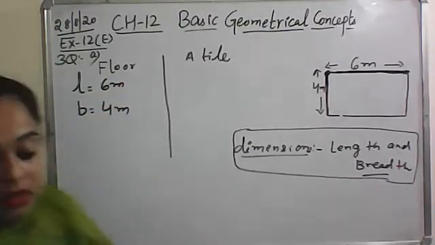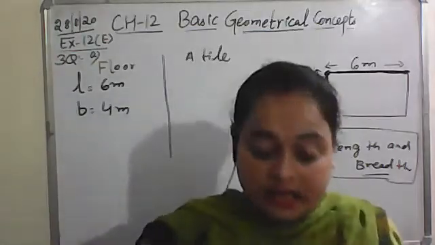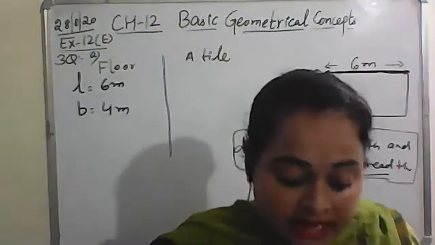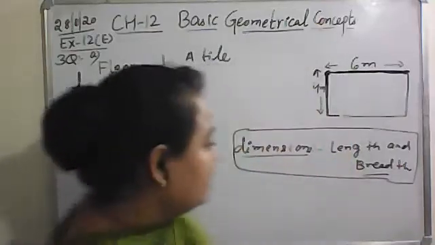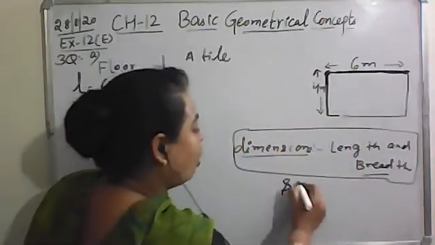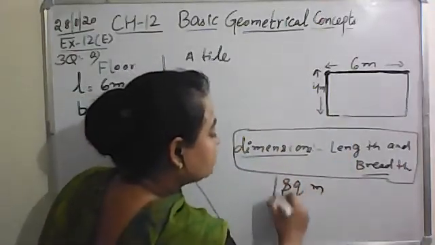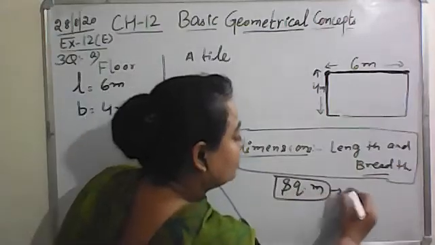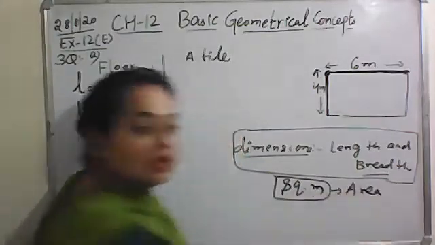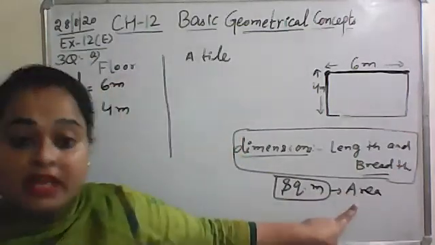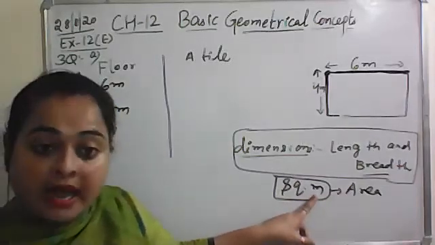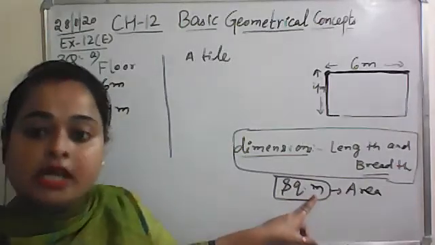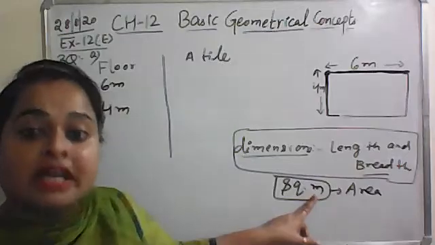Now, in the second line, the square marble tile is of 4 square meter. Square meter is the unit of area, so this question is based on area.